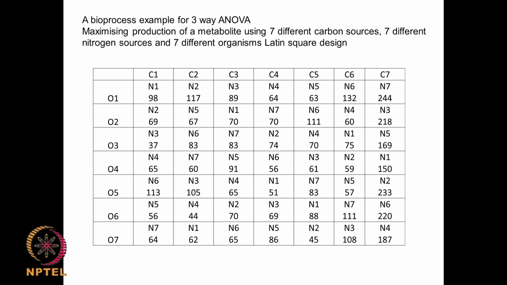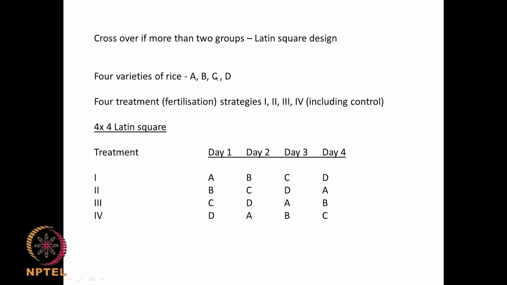So, if you remember, long time back I introduced the concept of Latin square. Okay. So, we were doing a Latin square design, it is called a 4×4 Latin square. So, we were looking at 4 varieties of rice A, B, C, D, and 4 different fertilization strategies. Okay. So, what I do is I take variety A, B, C, D, I give a treatment 1, day 1, day 2, day 3, day 4 consecutively.